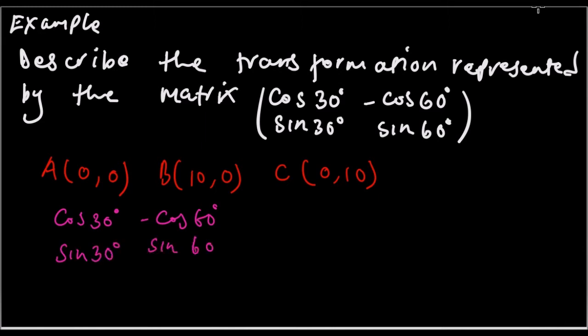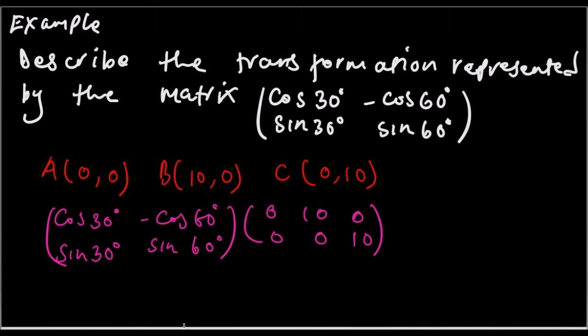We are supposed to multiply that by the matrix of this triangle: 0, 0, 10, 0, 0, 10. You note we cannot multiply when it is like that, so we need to get the values of cosine 30, minus cosine 60, sine 30, and sine 60.